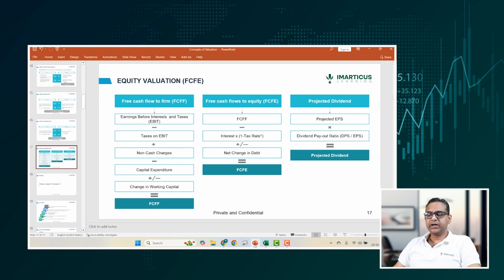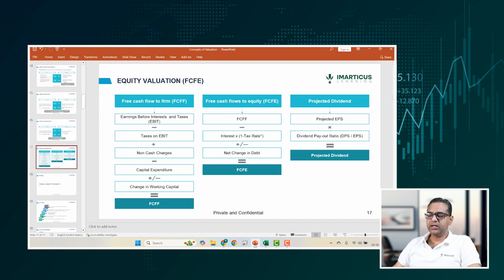Next, we have projected dividends, which are also like the earnings for the equity capital providers. So in case we don't want to use FCFE for stable dividend paying companies, which are large companies which have historically paid dividends and we expect them to continue to pay dividends, for those large stable companies we can use discounting of dividends also to do their valuation. So in this case, we project the EPS.